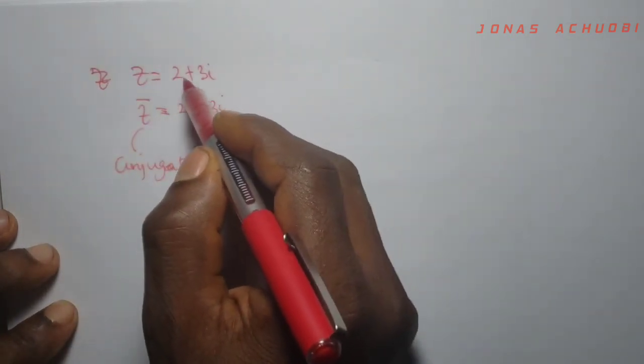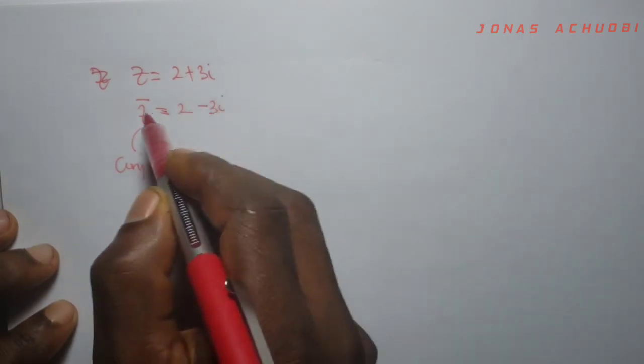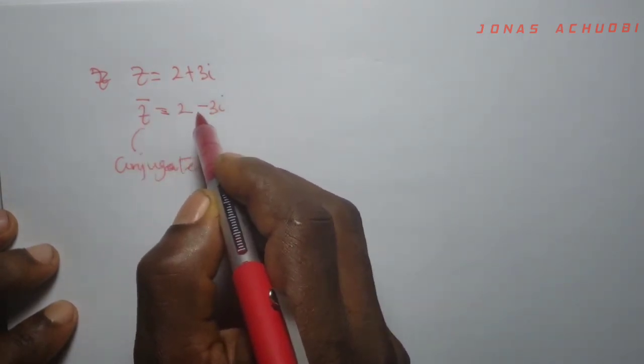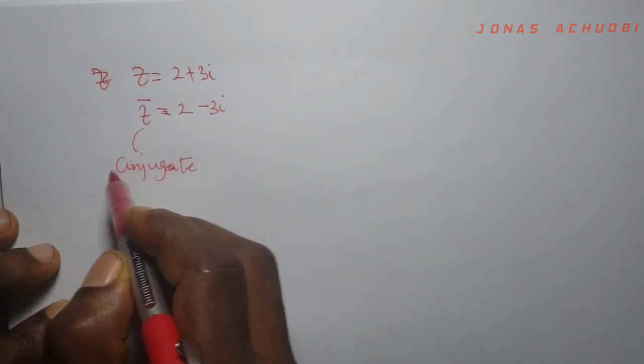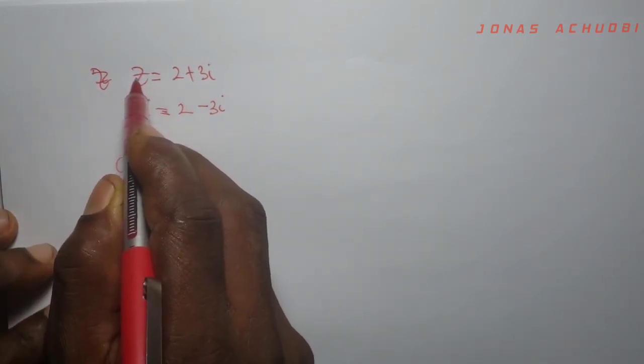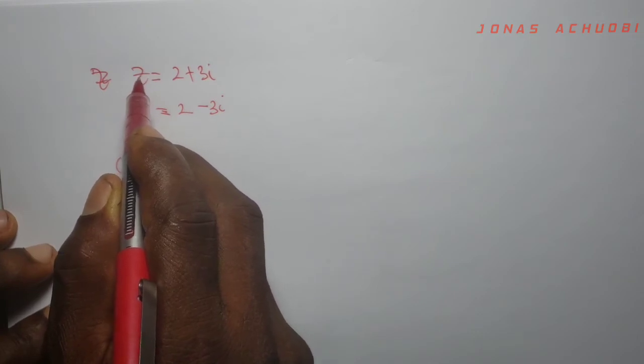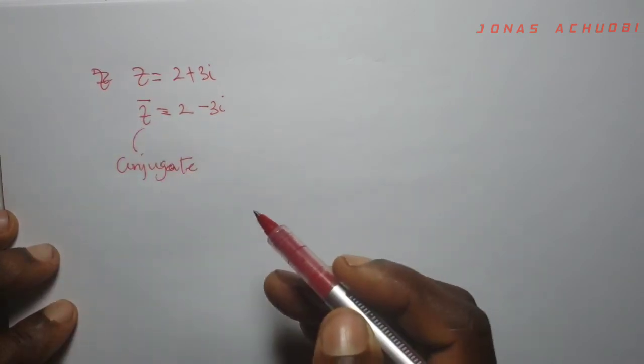So z is a complex number 2 plus 3i. z bar is a complex number 2 minus 3i. And z bar is called the complex conjugate of the complex number z. And of course, z is also the complex conjugate of the complex number z bar.